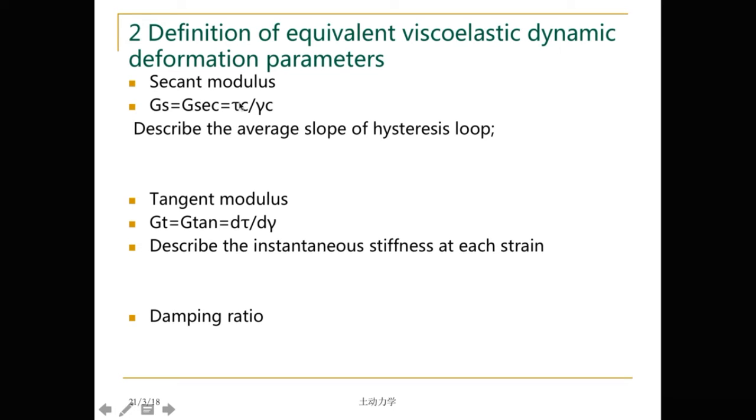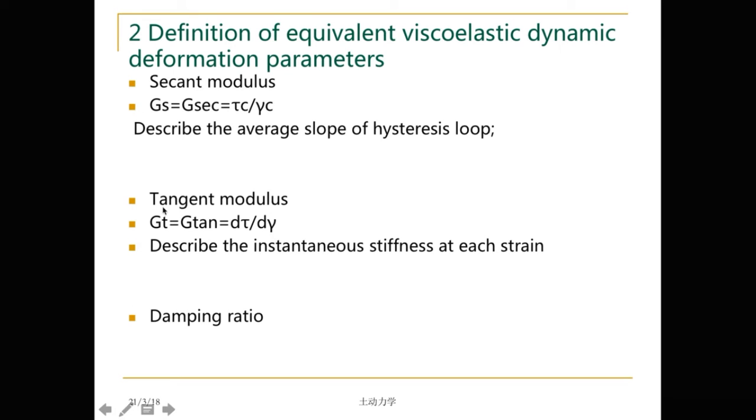Tau c is the shear stress value at the end of the unloading branch or reloading branch, and gamma c is the strain value at the end of one branch, unloading or reloading. This value is used to describe the average slope of the hysteresis loop.